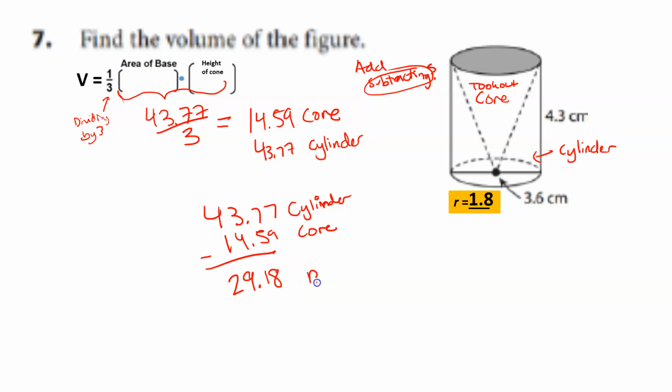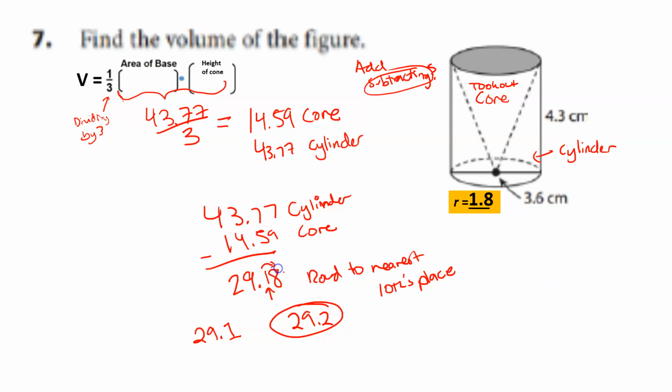And yes, we can round to the nearest tenths place. Would it be 29.1 or 29.2? 29.2, because the neighbor is a little bit higher than 5.